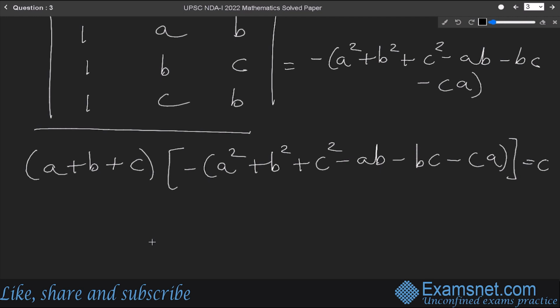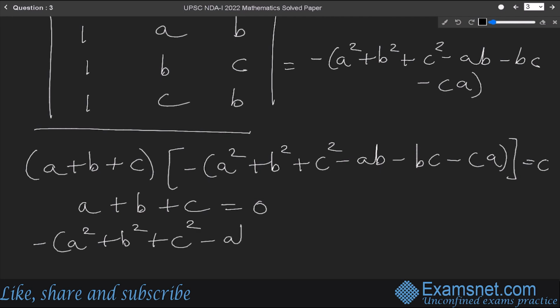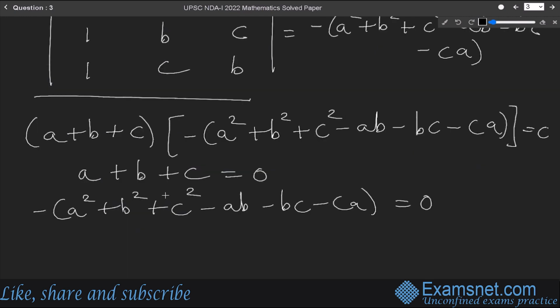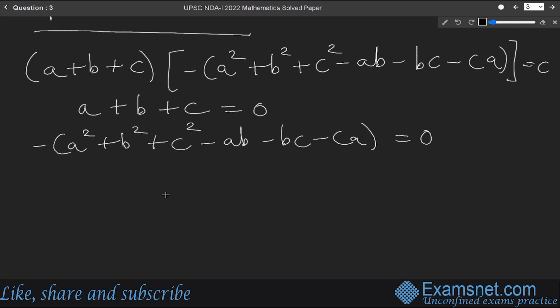So there can be 2 conditions. The first condition will be A plus B plus C is equal to 0. And the second condition will be minus of A square plus B square plus C square minus AB minus BC minus CA is equal to 0. Also there can be a third condition, which is when we multiply this A plus B plus C inside of this bracket.